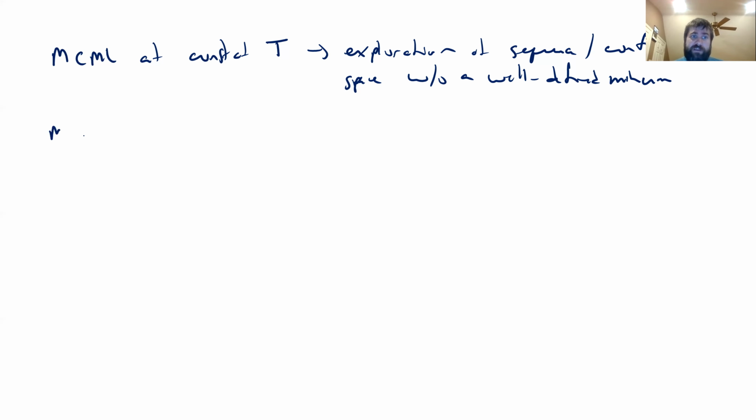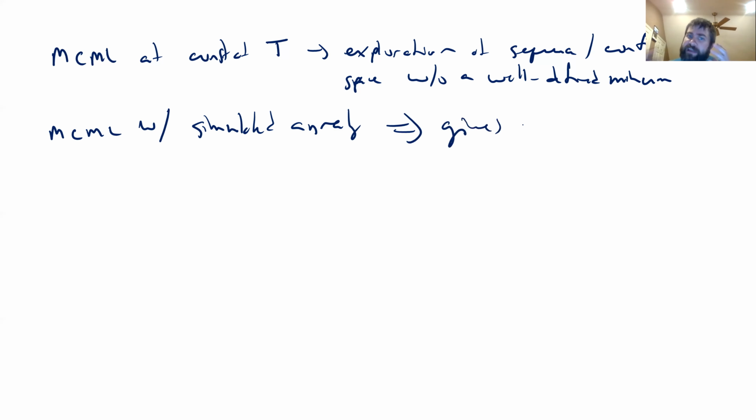However, Monte Carlo coupled with simulated annealing transforms this truly into an optimization framework, right?